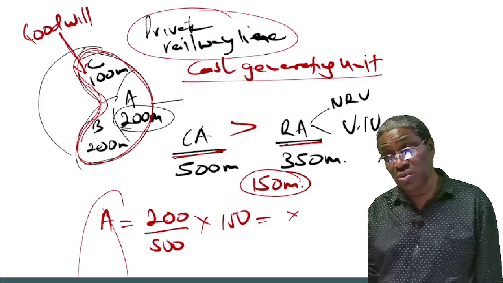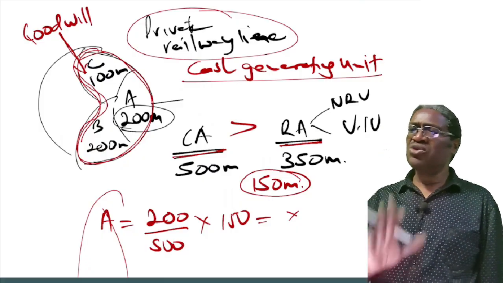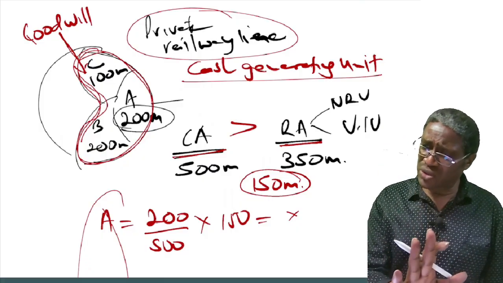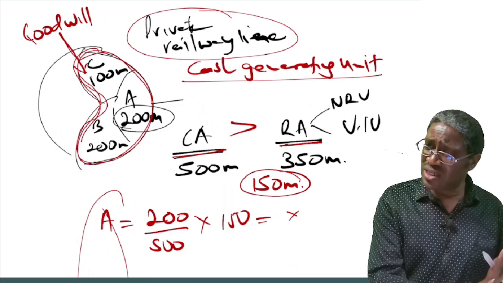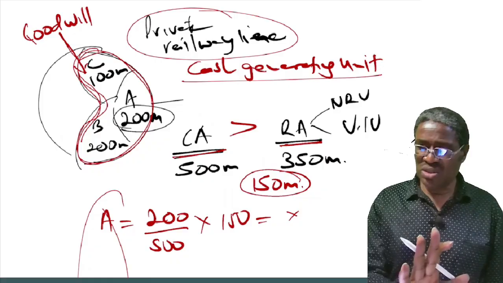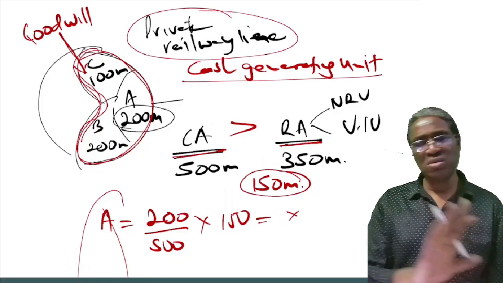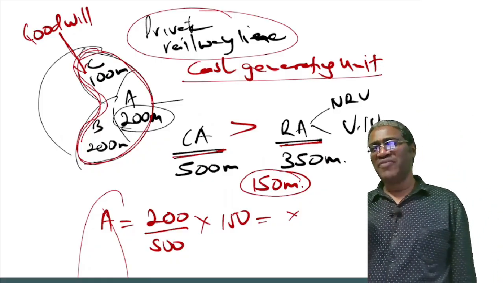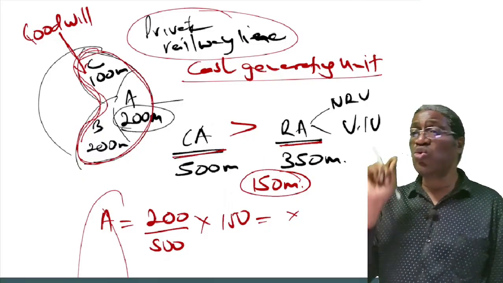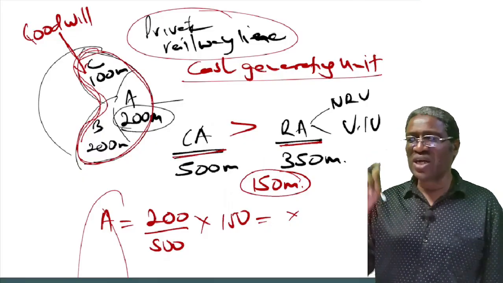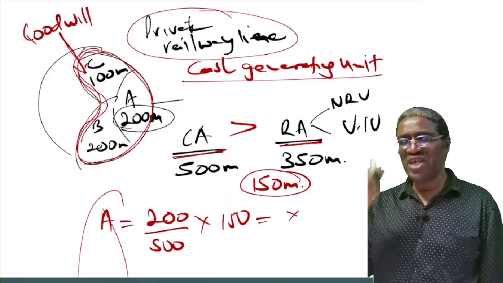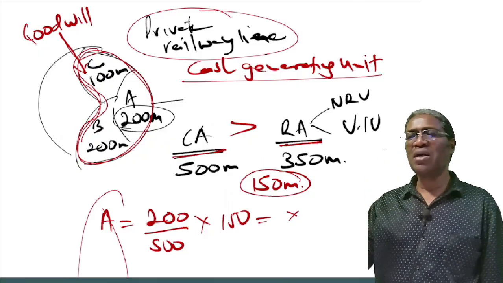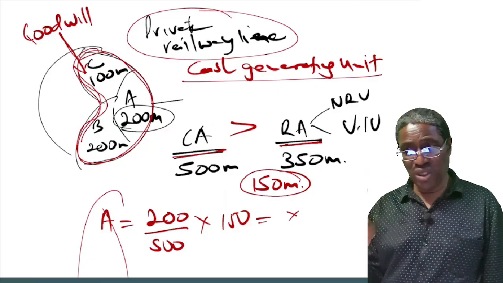The answer is no. There is no way you can say a unit has suffered a loss and it has an asset called goodwill. So I said if a cash generating unit to which goodwill belongs suffers an impairment loss, that impairment loss should be written off in a particular order. 1.